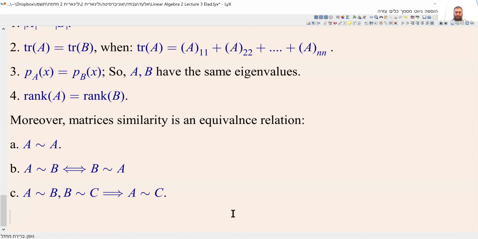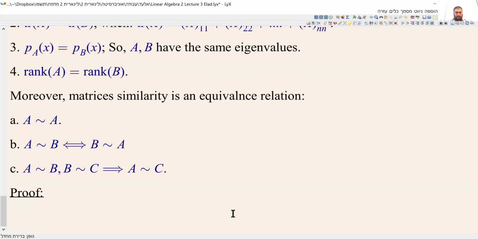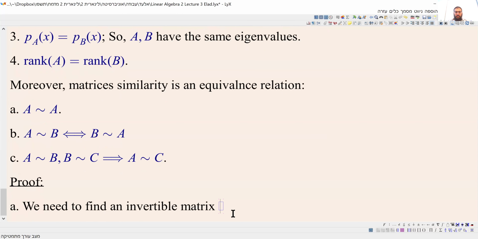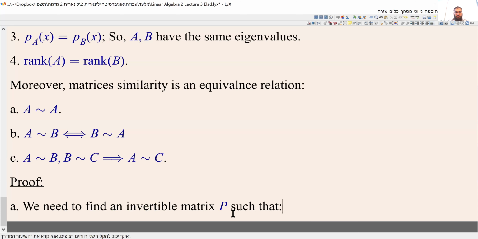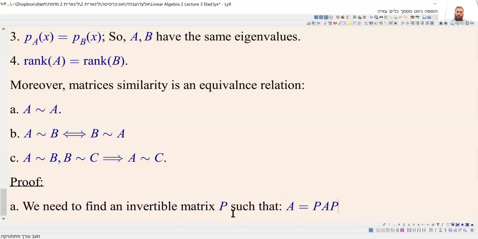Prove A. When it comes to A, we need to find an invertible matrix P such that A is P A P minus 1. It's the same A here. We're going to try to prove our little A. Which P satisfies A equals P A P minus 1?